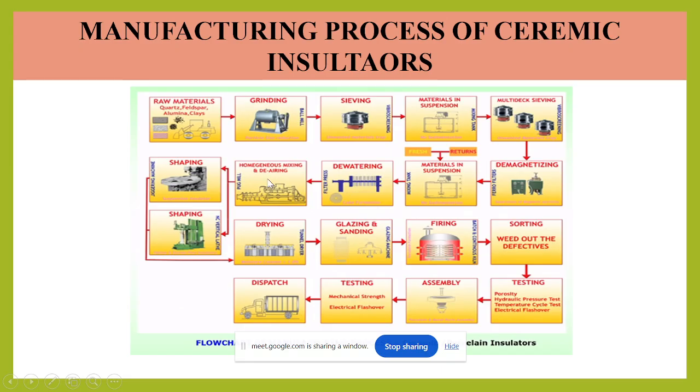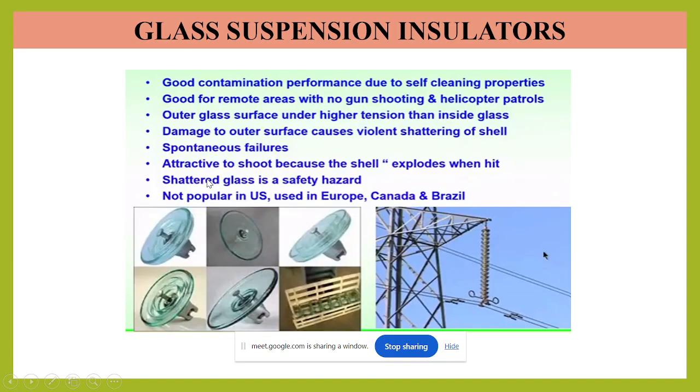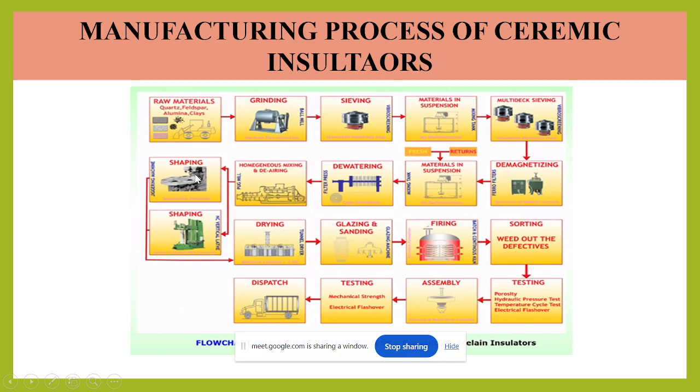After that, homogeneous mixing and de-airing is done, and then molding and shaping is done with the help of plaster of Paris, giving the required shape of the insulators according to their structure. Then drying, glazing, firing, sorting, and after that testing will be done.